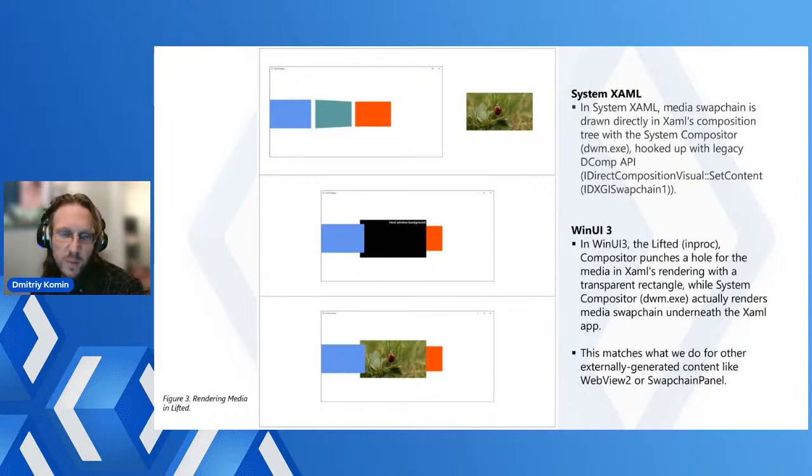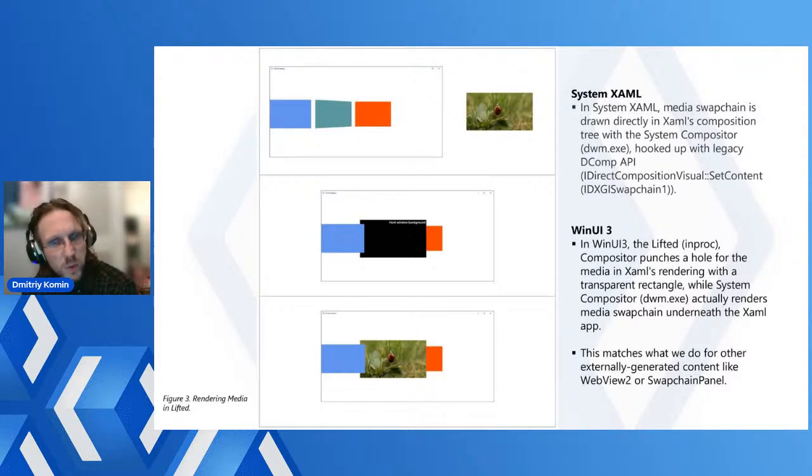So on this slide is a little discussion of the difference between system XAML and WinUI 3 in the rendering aspect of how we actually render the media. The high level point here is that in system XAML, we were using dwm.exe, the system compositor, and there was a shared visual that was backed by the media swap chain.